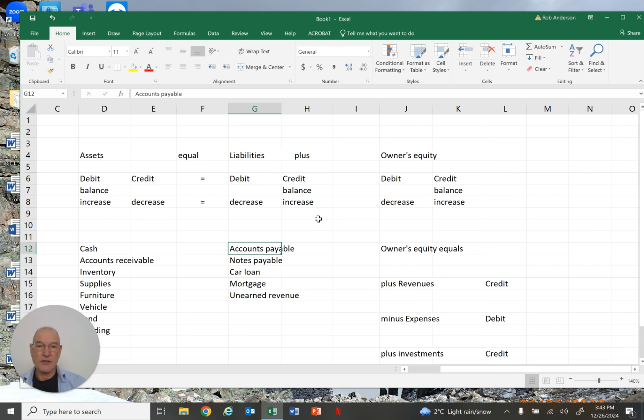So that gives us the last part of the accounting equation, owner's equity. And the nice thing about owner's equity is it's really easy to define because it's what we call in accounting a residual. And in English, that just means it's what's left. So if we take all our assets and we subtract all our liabilities, we have what's left.